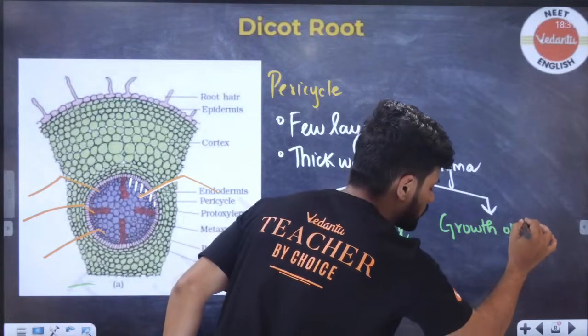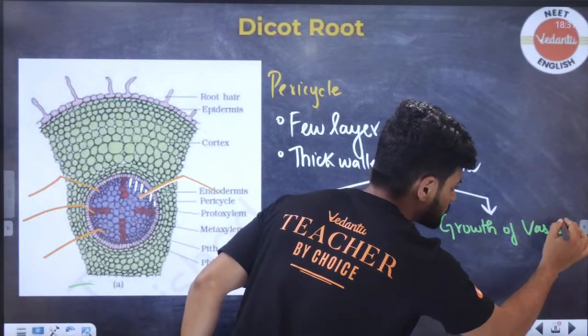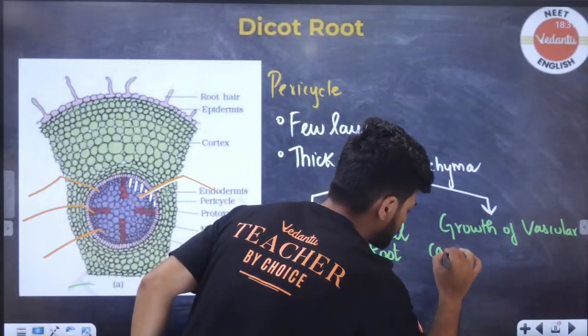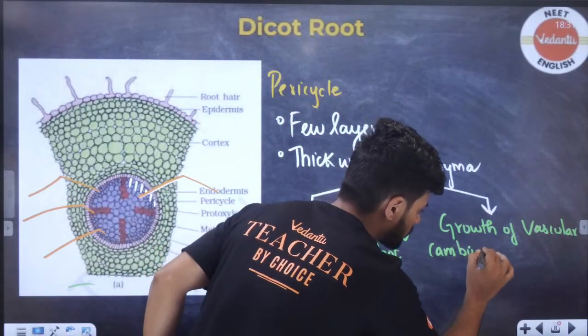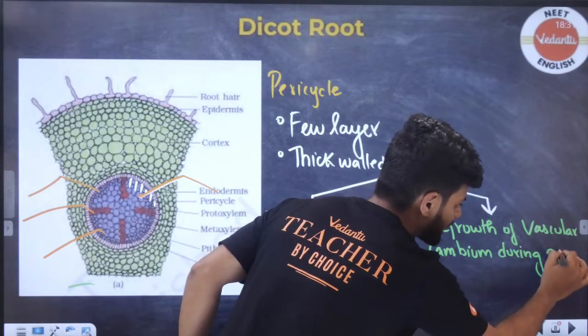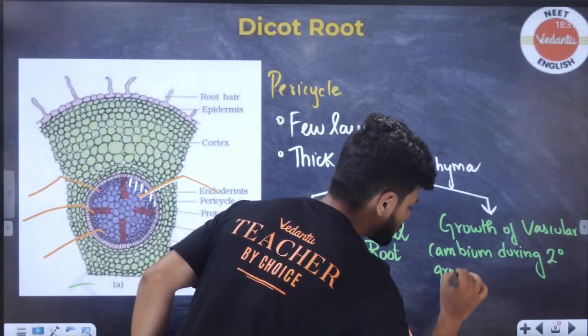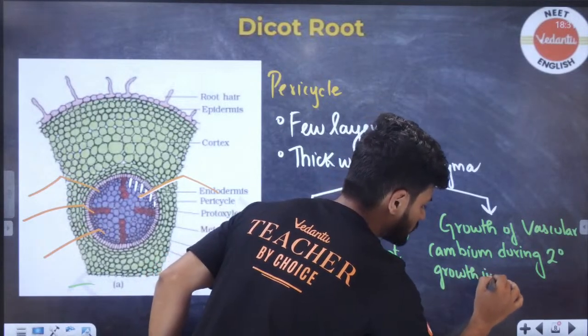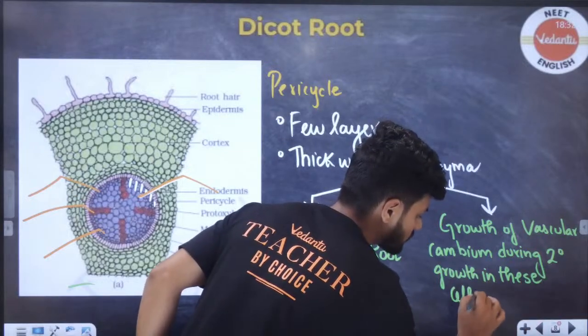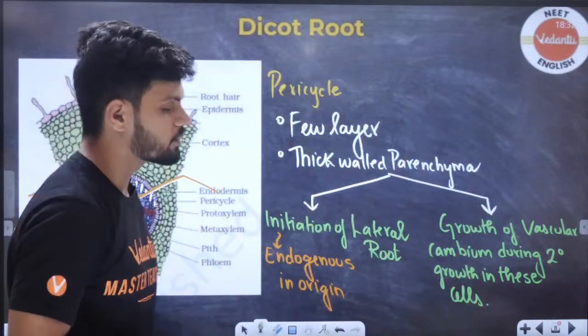Growth of vascular cambium during secondary growth in these cells. Okay, so that is the main function of pericycle.